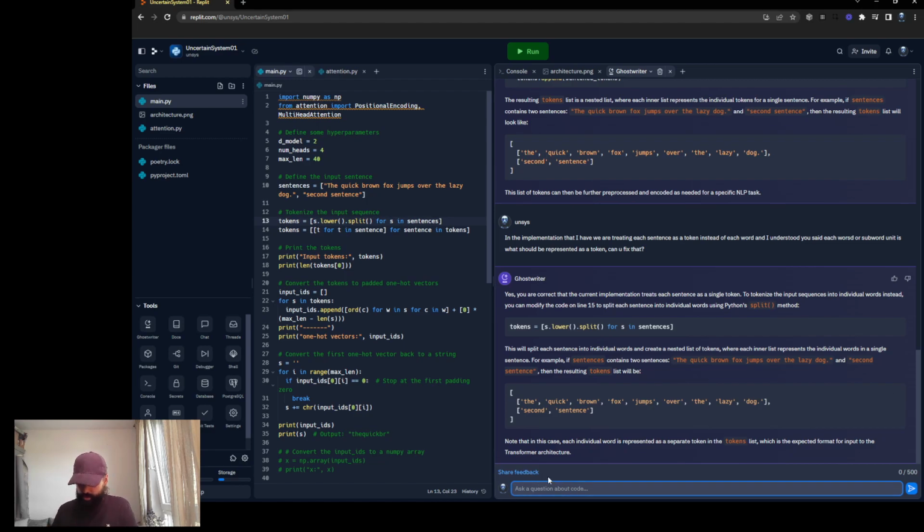But then the next step is to convert each word token into 1 hot padded vectors. But in our code, we are transforming each sentence instead of each word. Can you fix that?